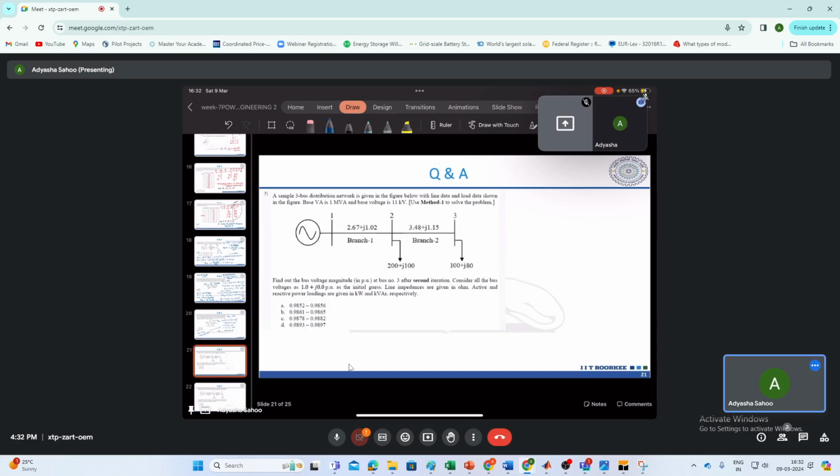So here Z base is kV square by MVA. What is your voltage level here? 11 kV and MVA is 1. This will be 121 ohms. So Z12 in per unit is equal to Z12 actual by Z base.